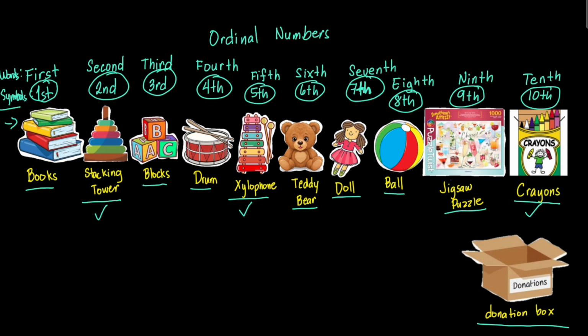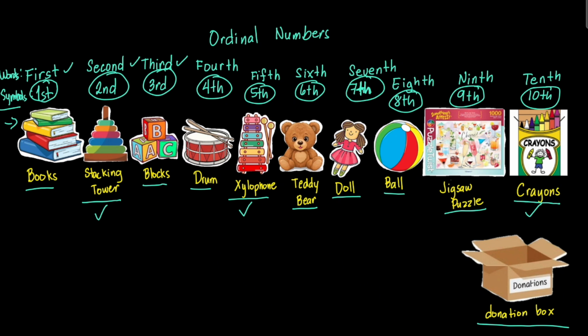Let's take a look at ordinal numbers in symbols. Ordinal numbers in symbols are just numbers with their corresponding two ending letters. You can notice that the first three ordinal numbers, the first, second, and third, have different two ending letters from the rest.